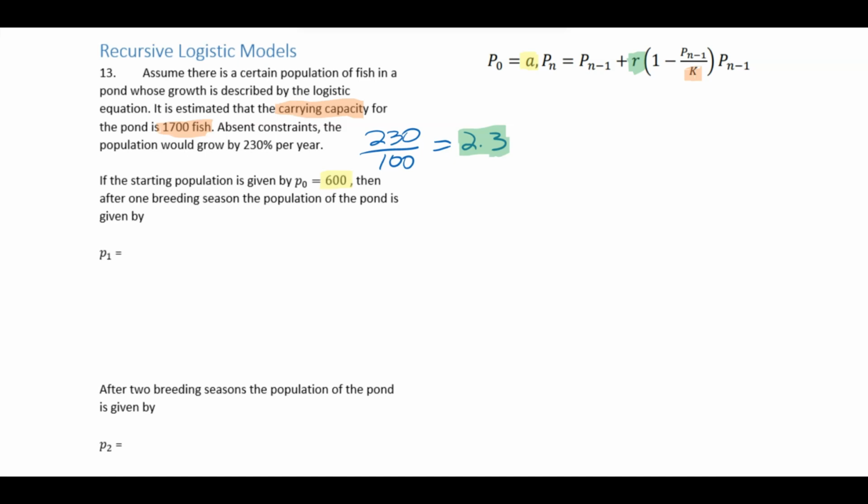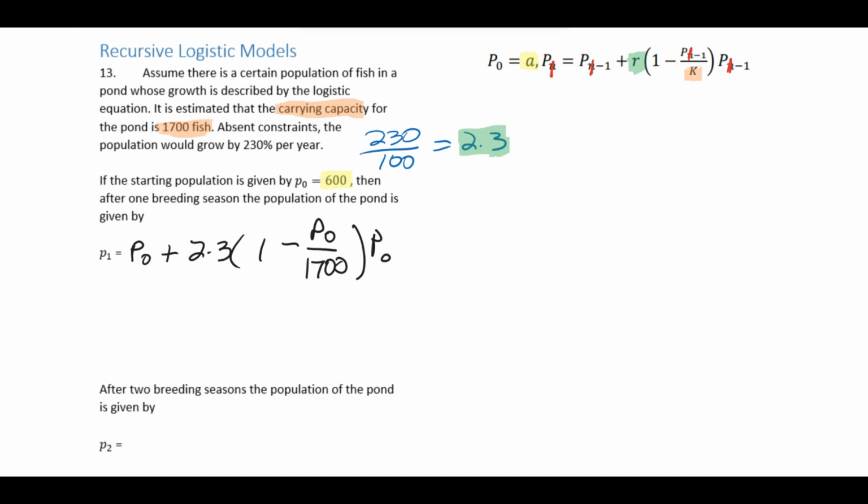Okay, now to find P sub 1 with the formula, we replace all the n's with 1's. And it would give us a formula which says P sub 1 equals P sub 0 plus R, which is 2.3, times 1 minus P sub 0 over K, which is 1,700, times P sub 0.